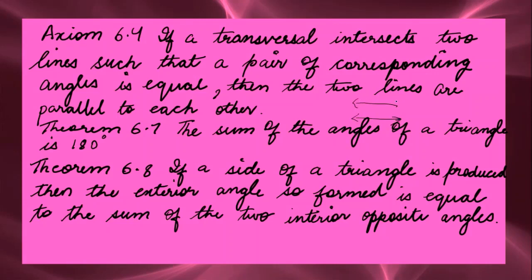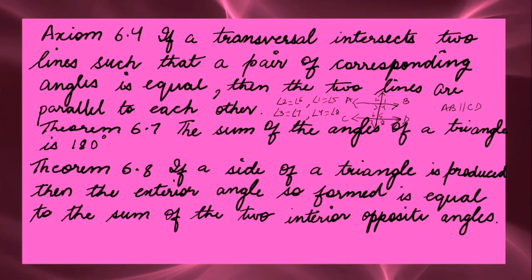Only a transversal intersects them, and if the corresponding angles are equal, that is angle 2 equals angle 6, angle 3 equals angle 7, angle 1 equals angle 5, and angle 4 equals angle 8, then you can say AB is parallel to CD.